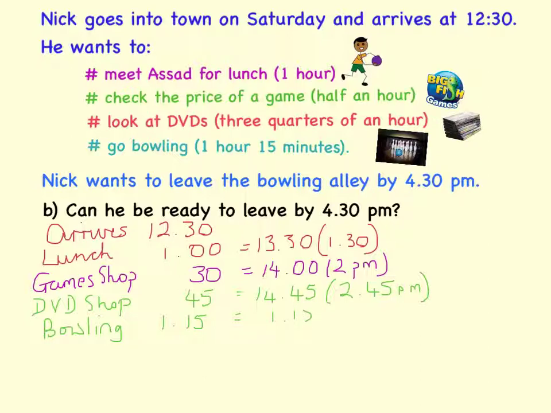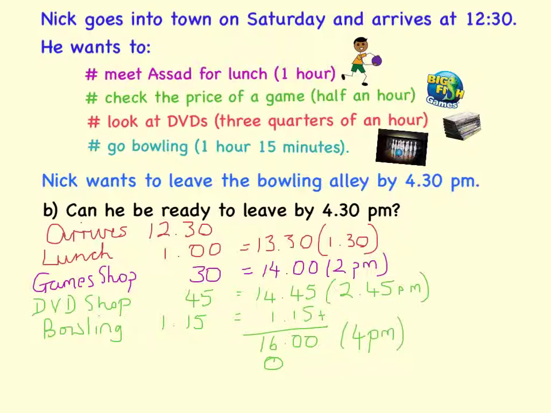14:45, and we know that 45 plus 15 equals 60, which is 1 whole hour, so we write no minutes and carry 1. 1400 hours plus 1 hour is 1500 hours, and the 1 that we're carrying makes it 1600 hours, or 4 o'clock if you prefer.